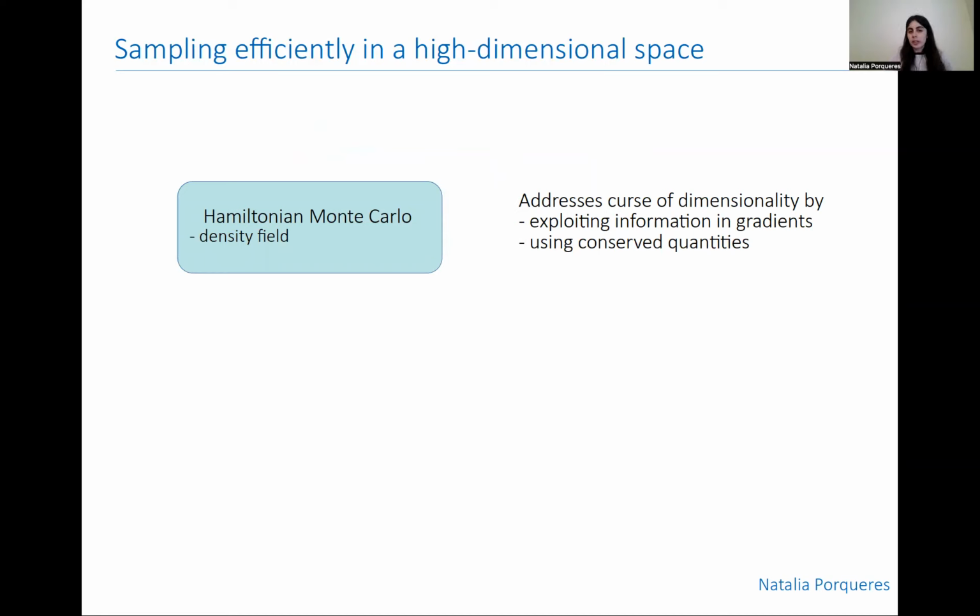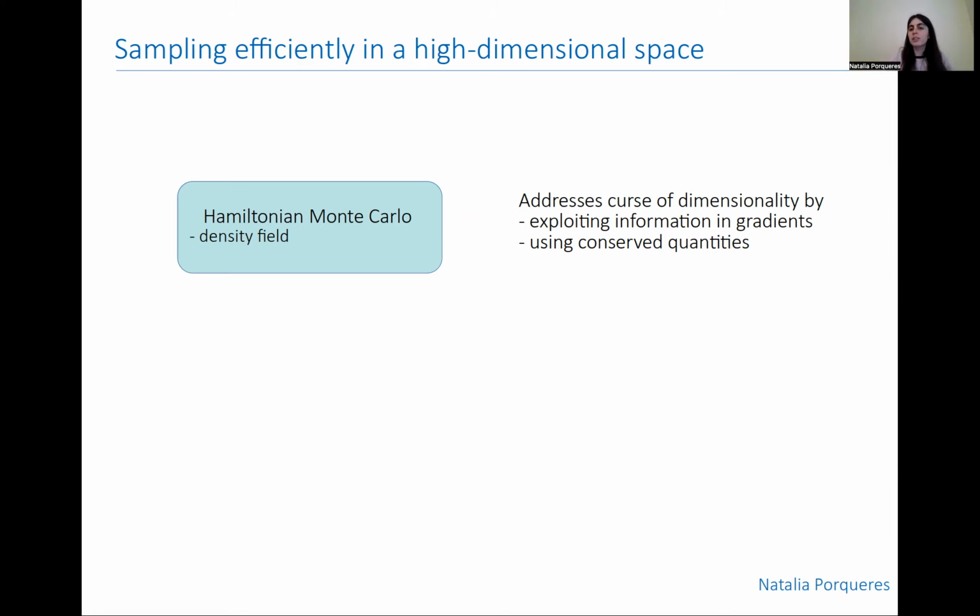Hamiltonian Monte Carlo basically uses information in the gradients of the posterior distribution, and these gradients allow us to explore the parameter space efficiently because they carry some information on the geometry, on the landscape of this probability distribution.